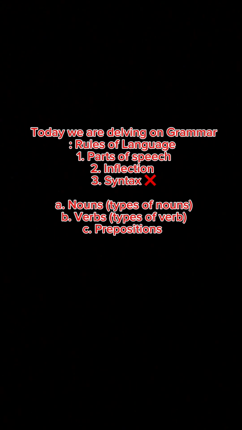And then going to a verb. What is a verb? We usually say a verb is a doing word. Yes, fine, it is acceptable. You can be marked correct.